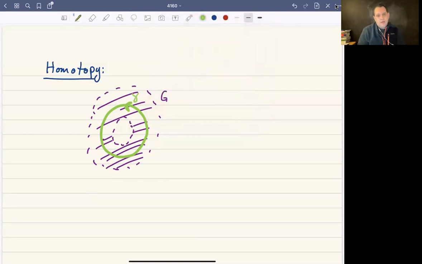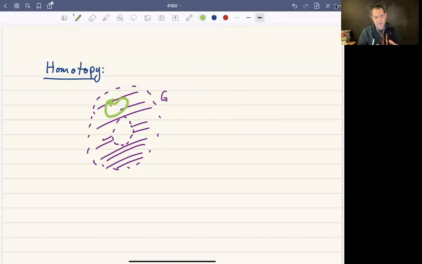So that's homotopy. Now, the homotopy is dependent on the underlying region G itself. It's also dependent on gamma. So if I were to have a different curve gamma, so let's say we consider this curve here, or something like it.